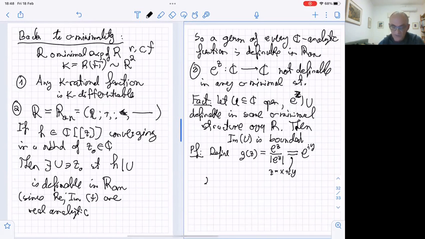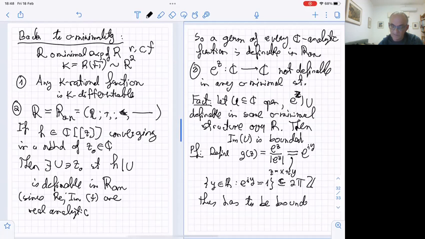And now we consider the set of y in R such that e to the iy, which we now have in our hand, equals 1. This is contained in 2 pi Z. And because 2 pi Z is an infinite discrete set, it cannot be definable in an o-minimal structure, since it would have to be bounded because of o-minimality.